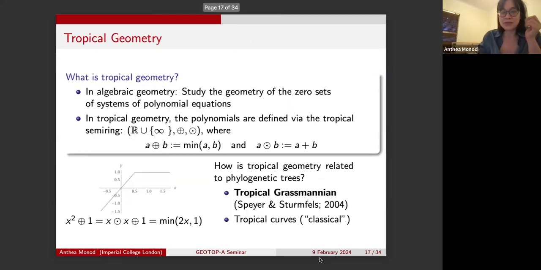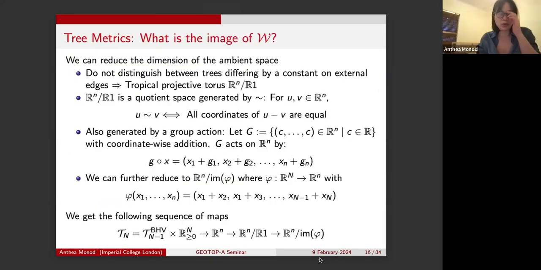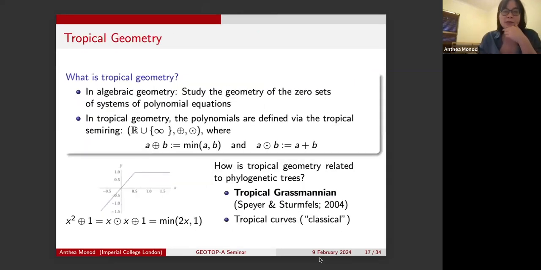And this leads to the idea of how tropical geometry plays into this, especially with the tropical projective torus. So let me tell you a little bit about what tropical geometry is first. In algebraic geometry, we study the geometry of zero sets of systems of polynomial equations.